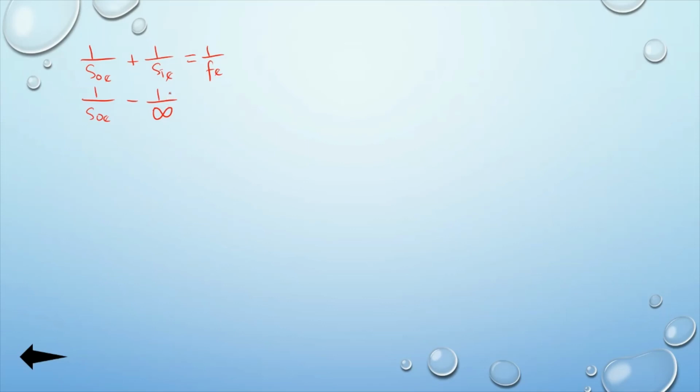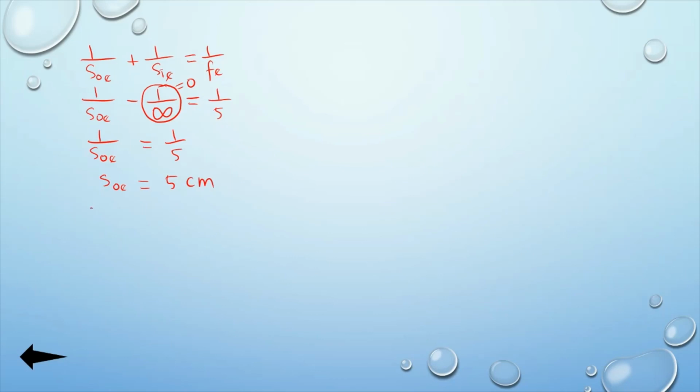For a normal eye, PR equals infinity, equals 1 over 5. FE was already calculated in the previous question. So we get 1 over SOE equals 1 over 5 because 1 over infinity equals 0. So SOE equals 5 centimeters.